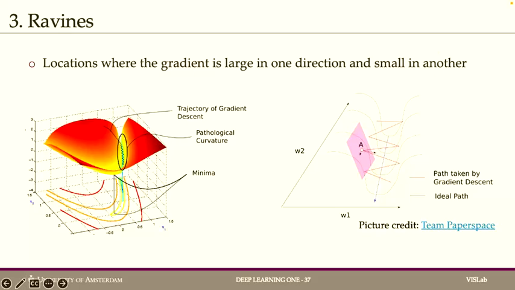So technically you would only need two steps, but because you cannot see which way, you will always take slightly too big steps and you end up outside of the valley, and you take the gradient and it points in that direction, so you keep going zigzag if you have these kinds of loss landscapes.